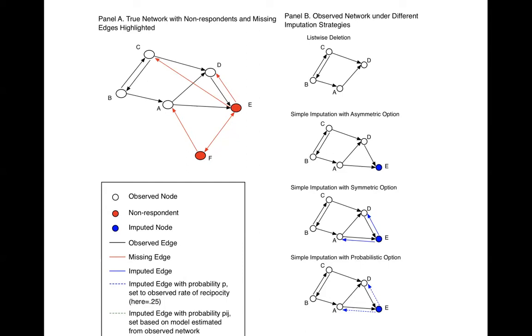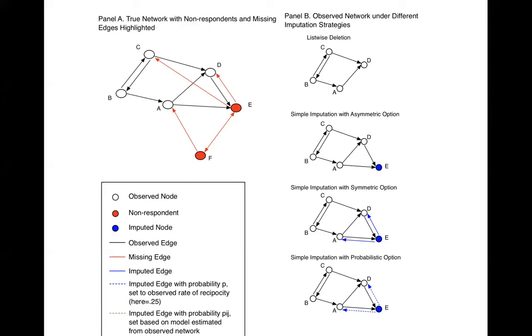The idea is that if a respondent like A or D nominated a non-respondent like E, then there's a pretty good chance, a very high likelihood, of an edge going from that non-respondent back to the respondent who nominated them.